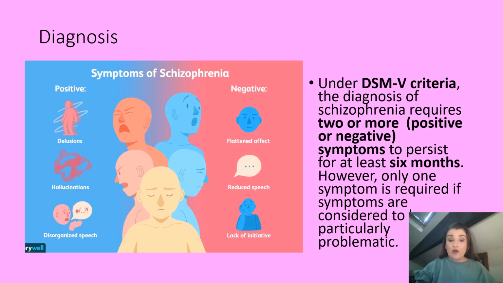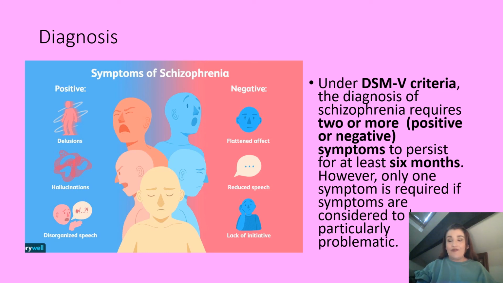To be diagnosed with schizophrenia under the DSM-5 criteria, somebody with schizophrenia must be showing 2 or more of either positive or negative symptoms which are persistent for at least 6 months.